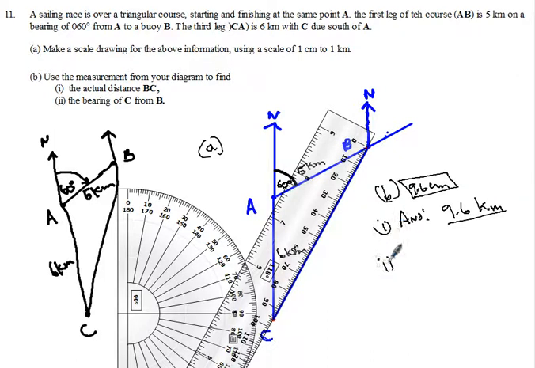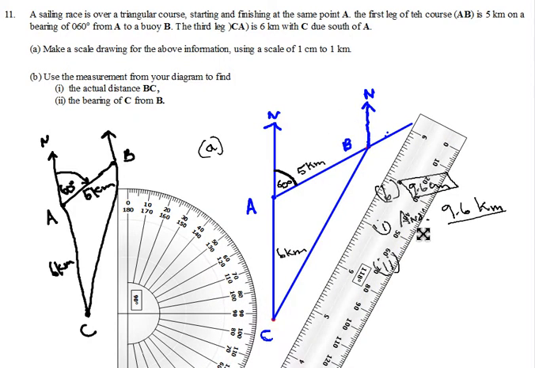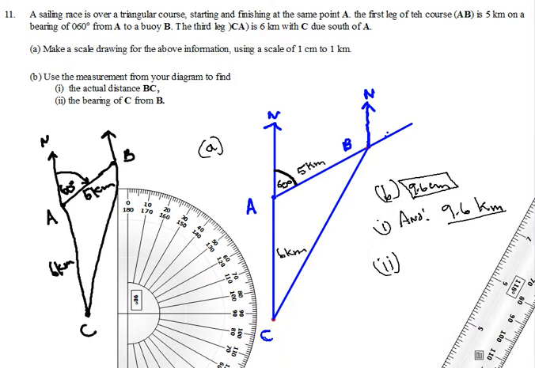Okay, and then this is B2. The bearing of C from B. The bearing of C from B. I'm going to draw the arc, and let me draw it in red to show you that angle.